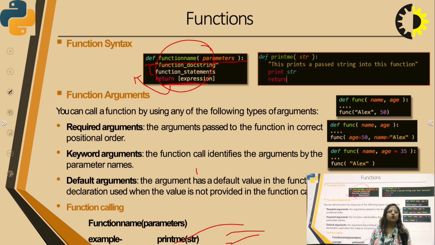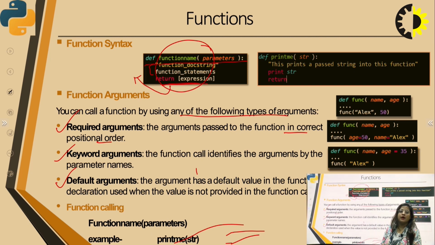Function arguments: you can call a function using different types of arguments. First one is required argument, second one is keyword argument, third one is default argument. Required argument, the arguments are passed to the function in correct positional order, means it checks whether your function arguments are passed in the correct order or not.